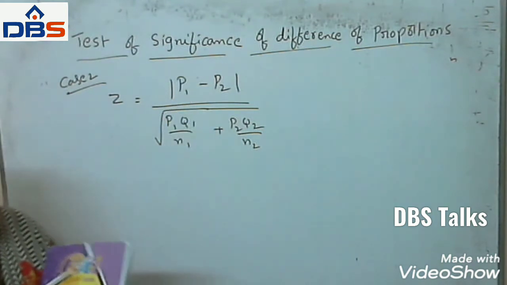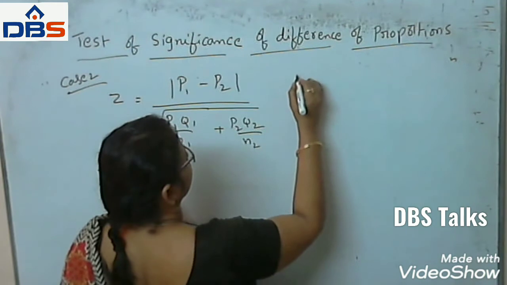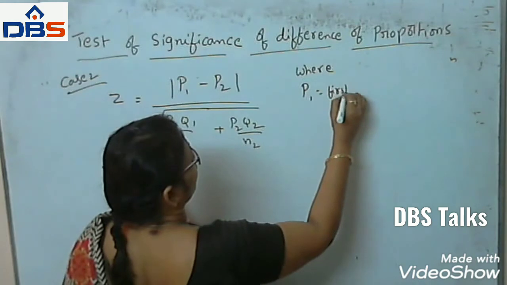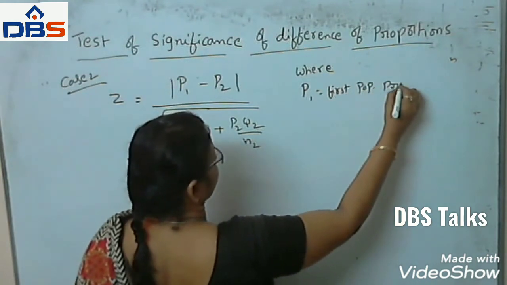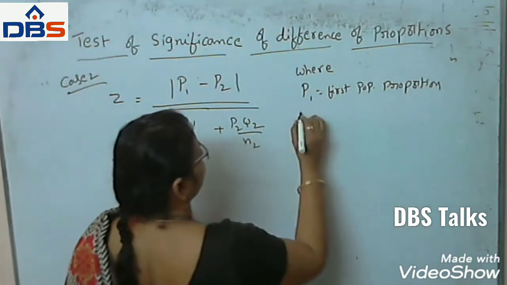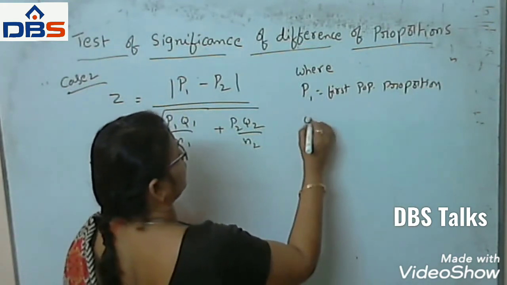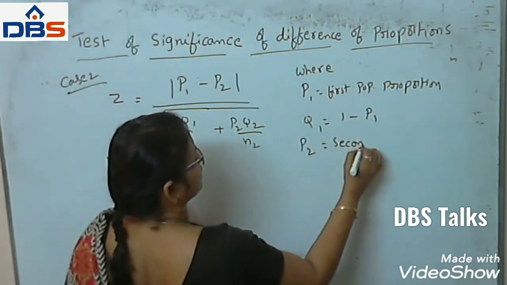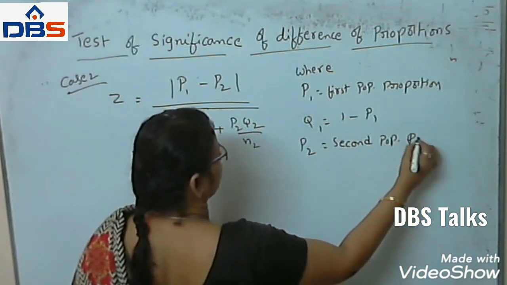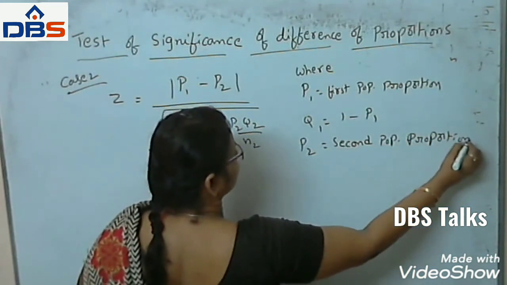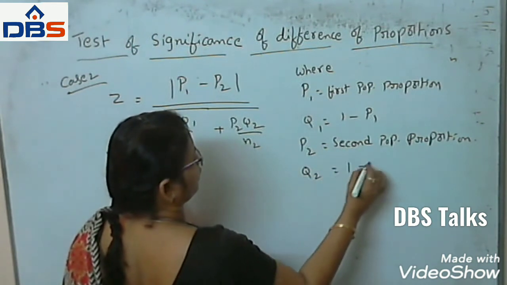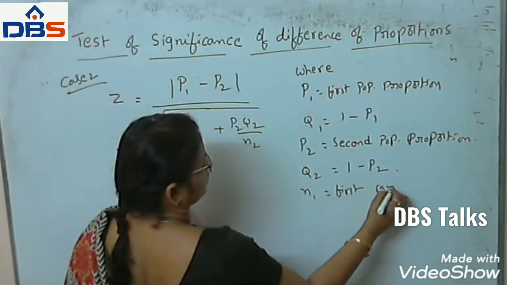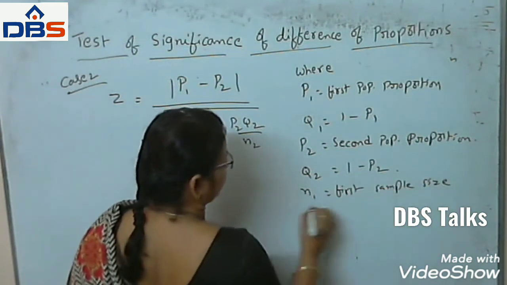Here P1 is the first population proportion, Q1 equals 1 minus P1, P2 is the second population proportion, Q2 equals 1 minus P2, N1 is the first sample size, and N2 is the second sample size.